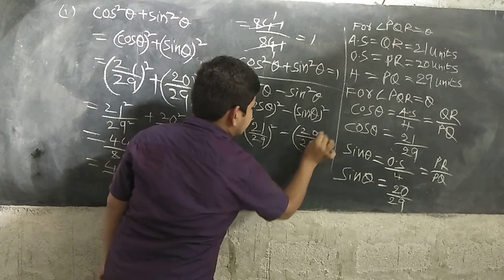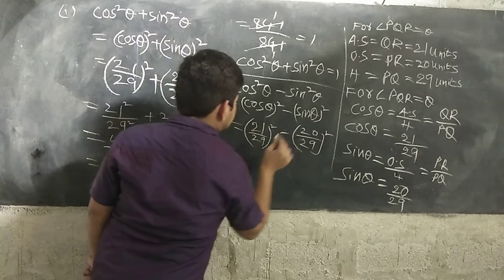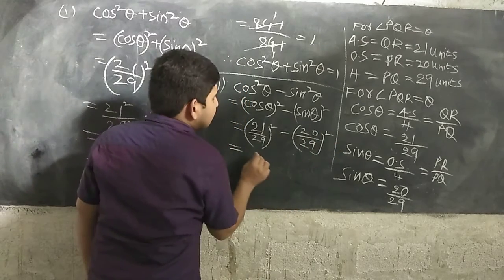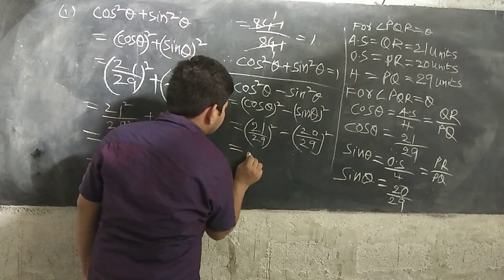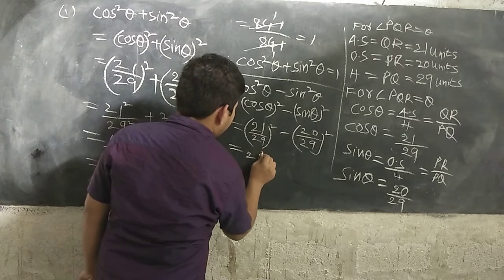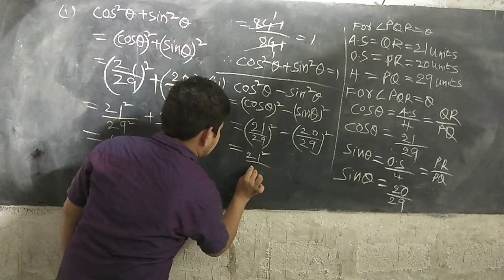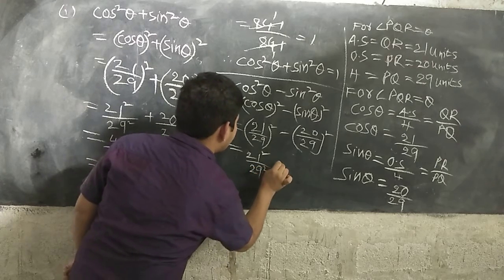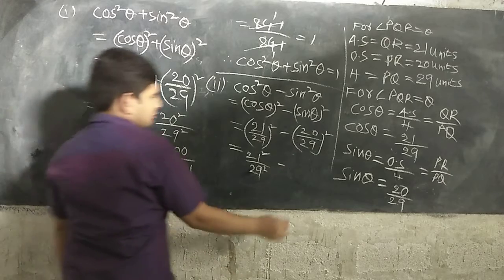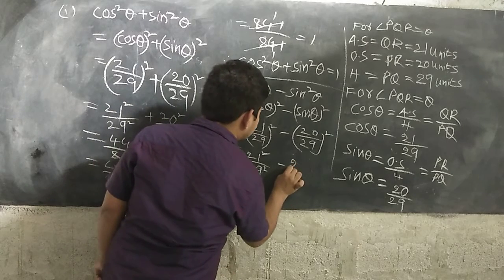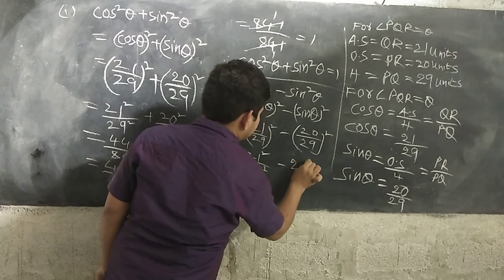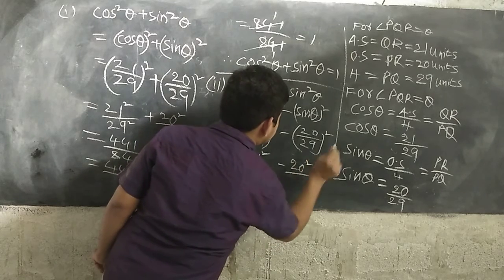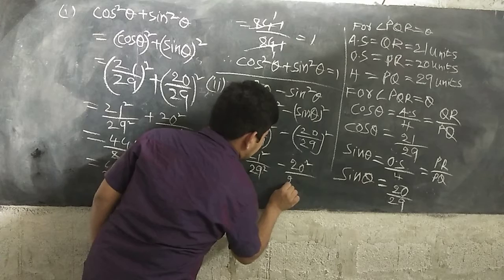Now a by b whole square is a square by b square. So 21 square by 29 square minus 20 square by 29 square.